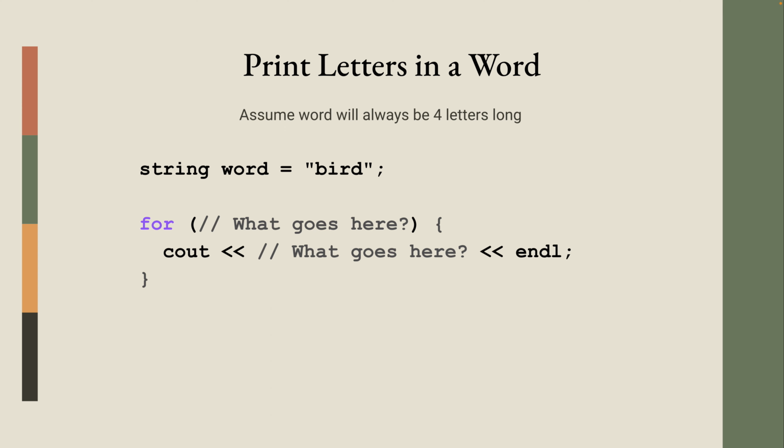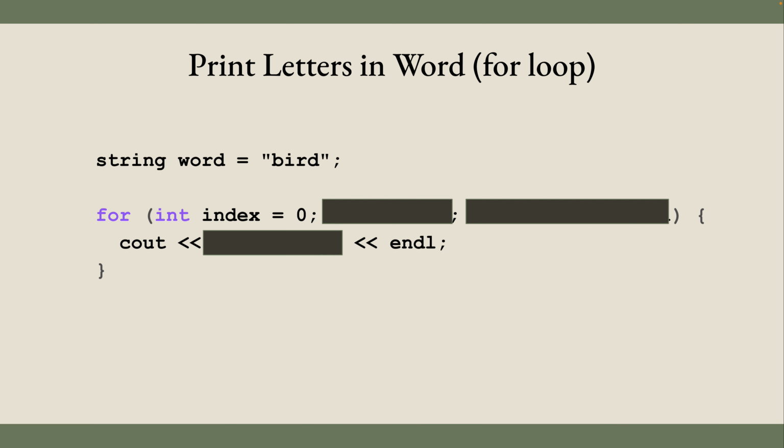So really with for loops, it's just remembering what are the 3 things that go in here. Initialization, condition, update. What's our initialization going to be? Index. So remember when we're going through a string, we start counting at 0. So the index is going to be equal to 0.